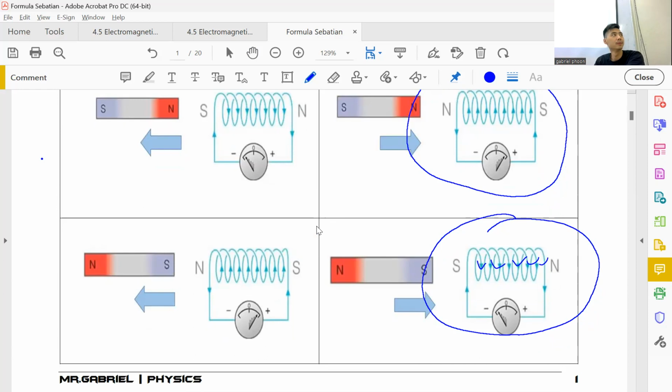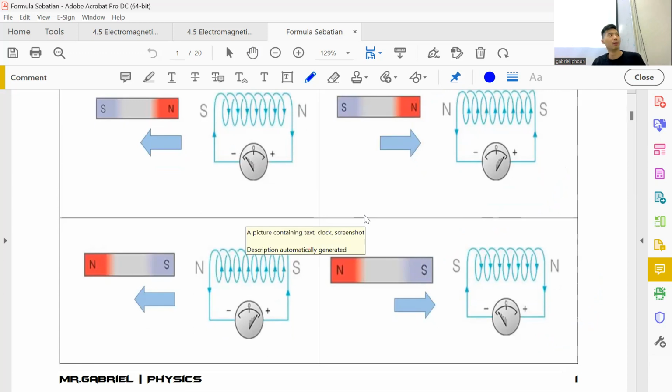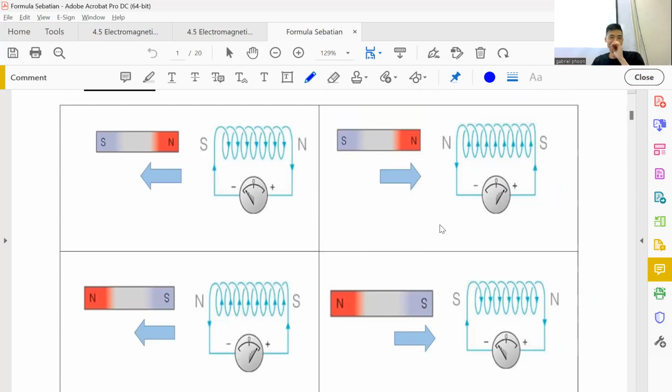It looks like it's going from south to north. No, it's not like that. But I guess you could say that if you look at the pattern, it will be like that.